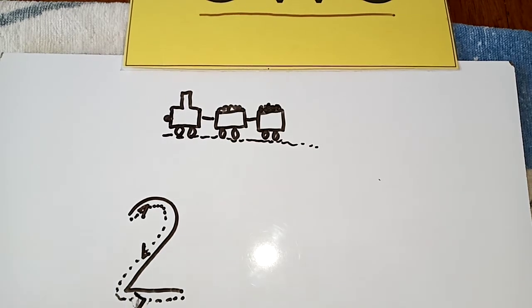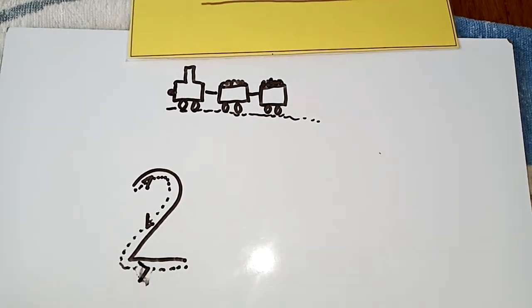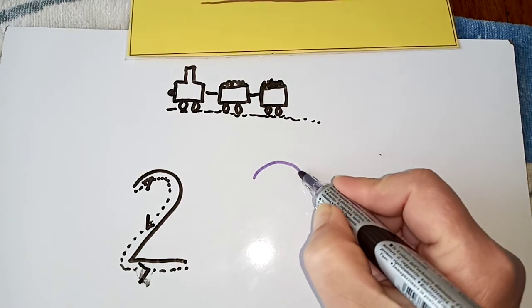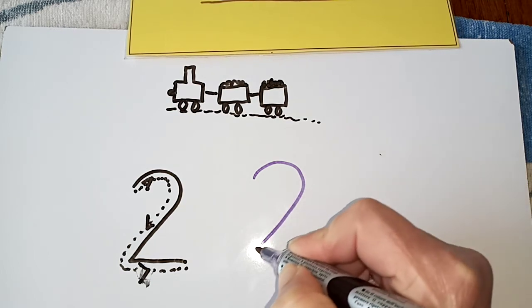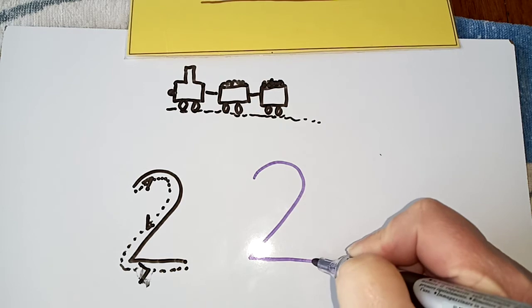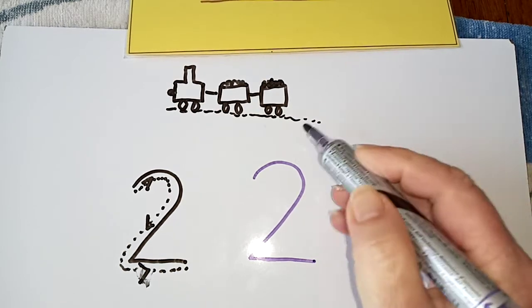Okay, so I'm going to move that up. So the little rhyme, the little story, it goes around and back on the railway track.